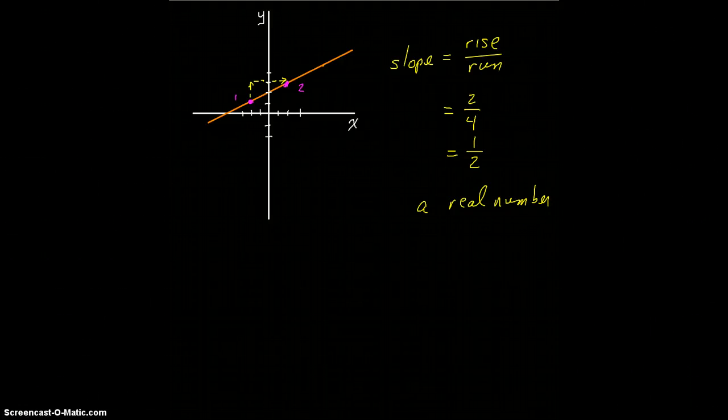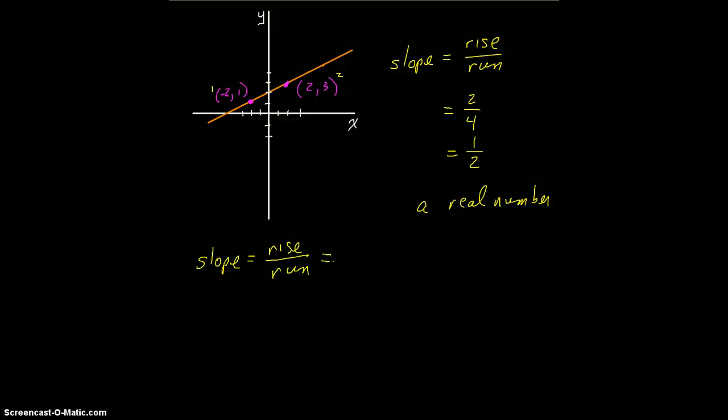Let me put some points to this and we'll take a look at the equation. Alright, so here are the ordered pairs, our coordinates of each point. And again, we're going to go from this first point, minus 2, 1, to the second point, 2, 3. Slope, we said, was rise over run. Another way to think of this is the change in y, how far we've gone in y, the change in y, and I use the symbol delta, delta y, over this little triangle, delta x.